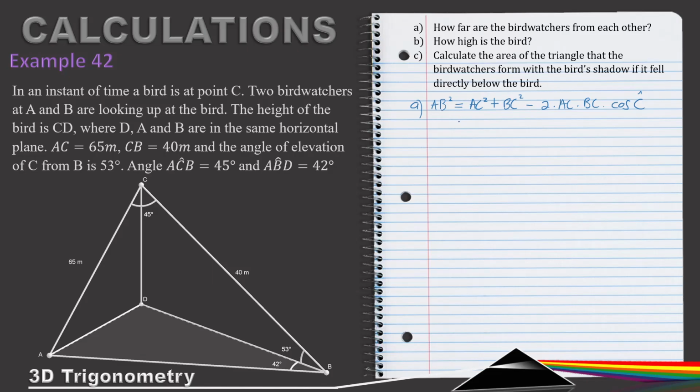Okay, now to solve for AB, I can take the square root. So in one step, I'm basically going to take the square root and substitute in all the values. AC is 65 squared plus BC is 40 squared minus 2 times 65 times 40 times cos of 45.